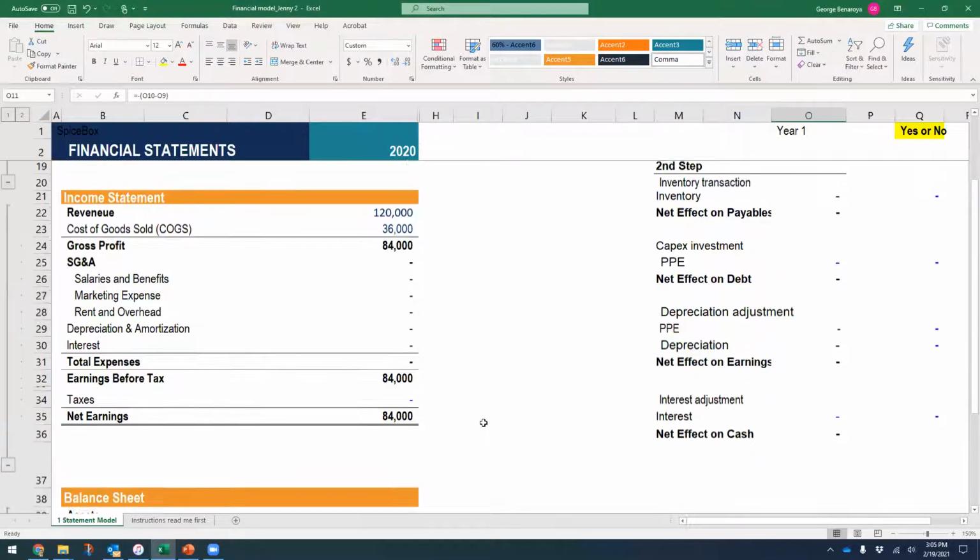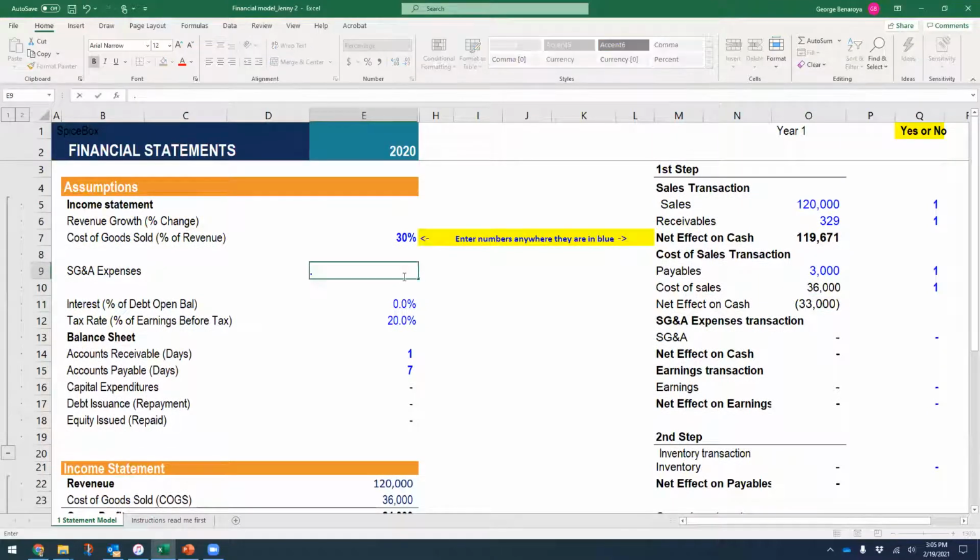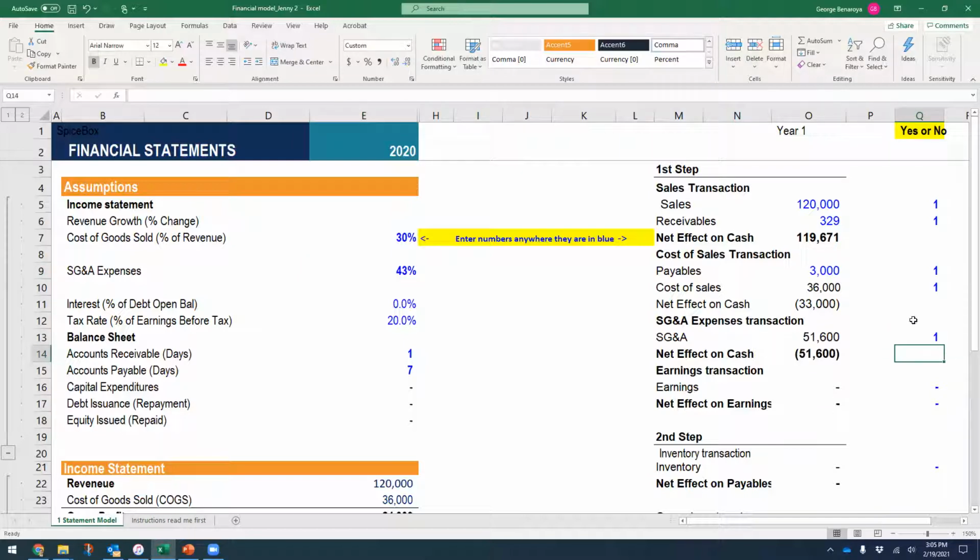So we go to the Excel file, we enter 43% for sales, for SG&A expenses as a percentage of sales. You can enter whichever number you want. And then we will put a 1 here on SG&A or expenses, and this will calculate both the amount and the net effect on cash.